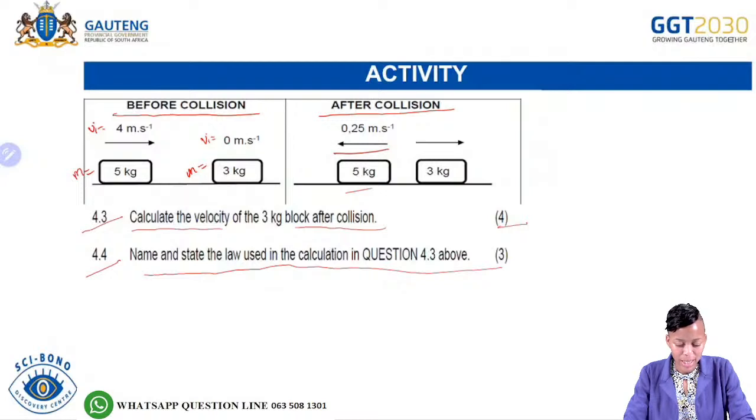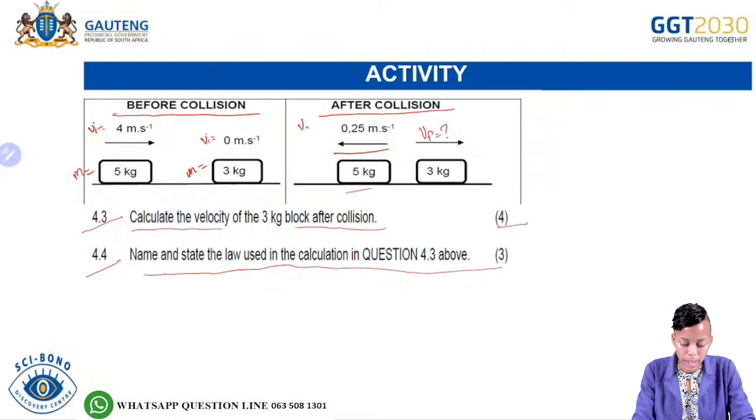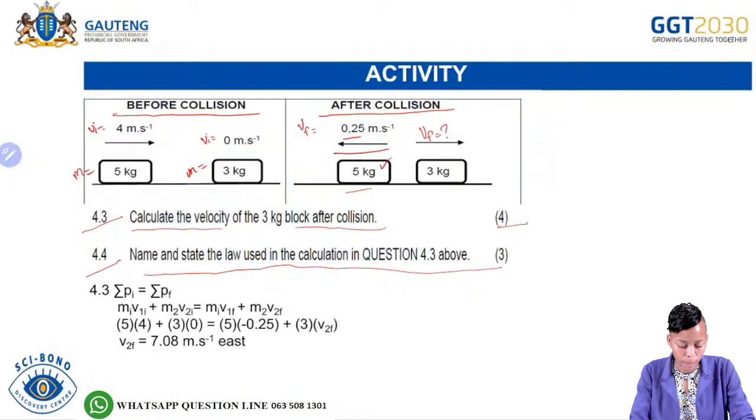Okay, so let us continue. 4.3 says calculate the velocity of the 3 kilogram block after the collision. So now we need to calculate this final velocity. We have the final velocity of the 5 kilogram block, and that velocity is 0.25 meters per second there.